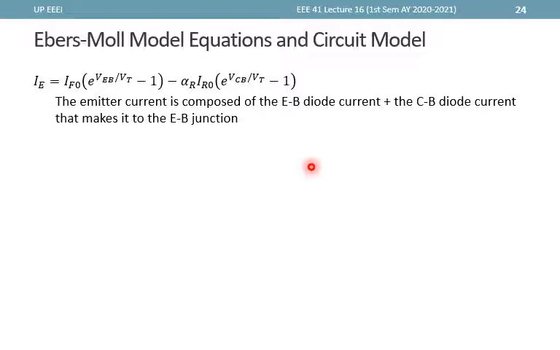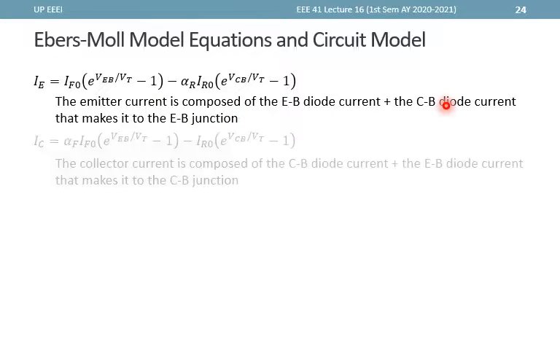Now, note that from this equation for IE, we can say that this term here is the EB diode current, while this term here is some CB diode current that makes its way into the EB junction because the width of the base is so small that the two junctions can interact.